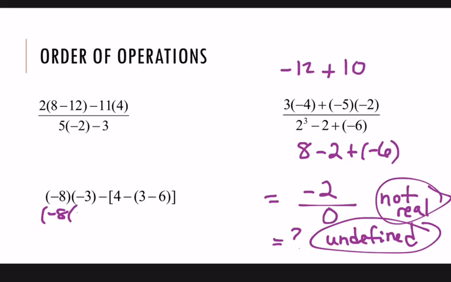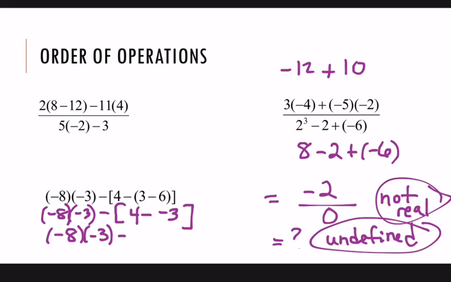So we copy everything else down. And then in the brackets, start with 3 minus 6. That's negative 3. Then moving on to the rest of the bracket, 4 minus negative 3.